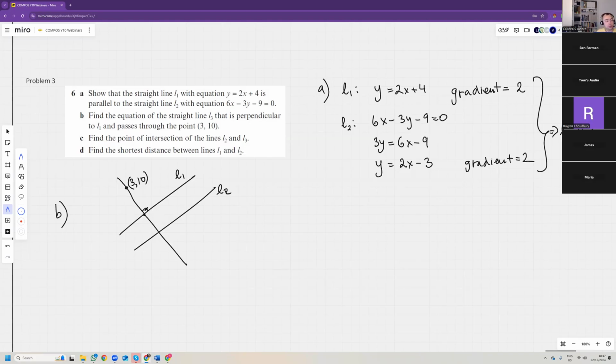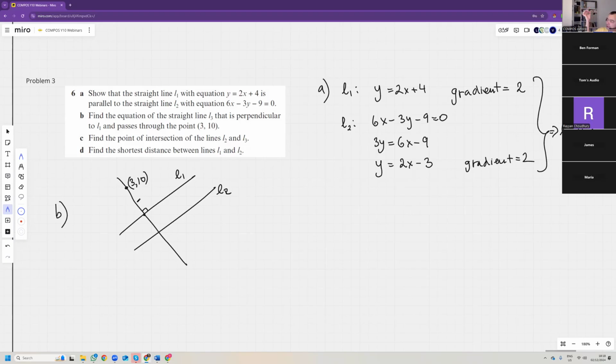Well, what can we figure out? As you may remember, to find an equation of a line, we need a point and a slope. Because there's only one line with a given slope that goes through a given point.